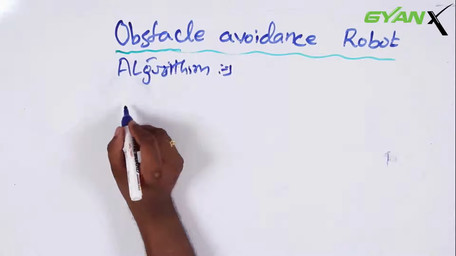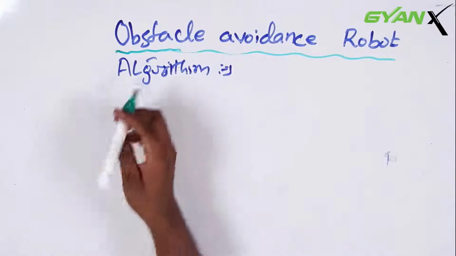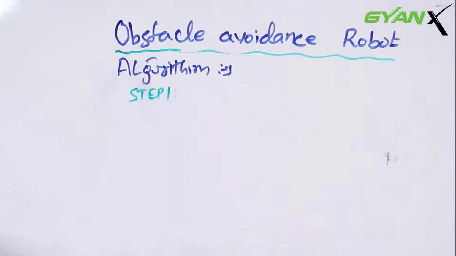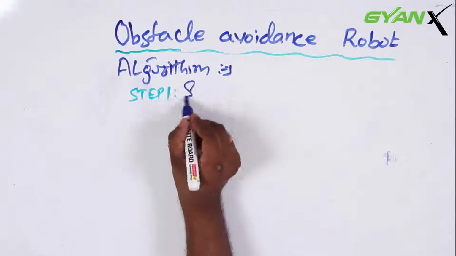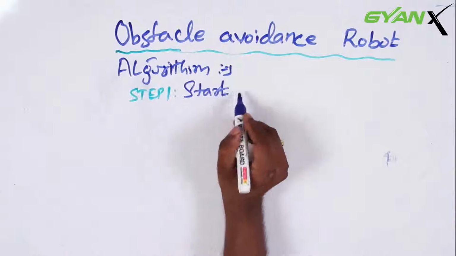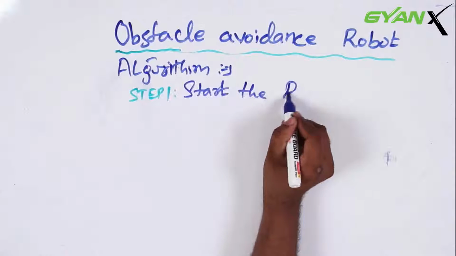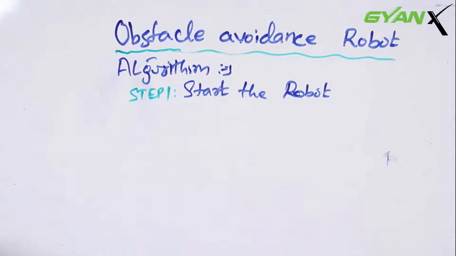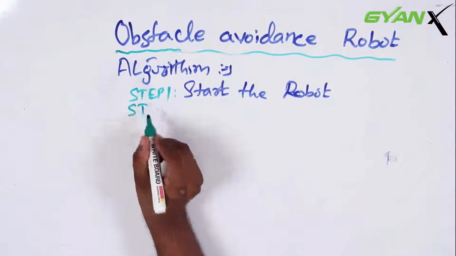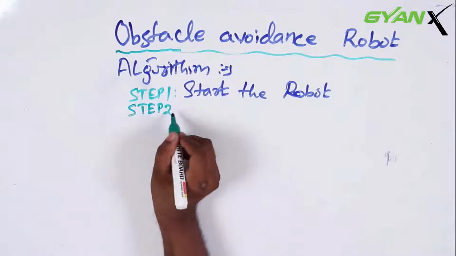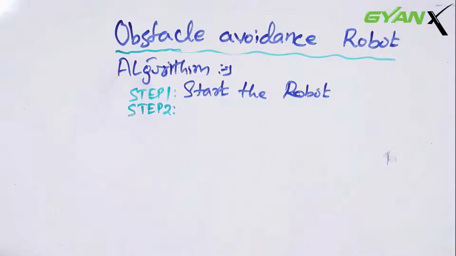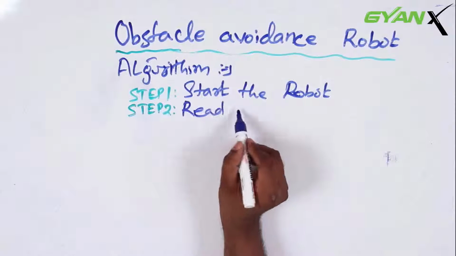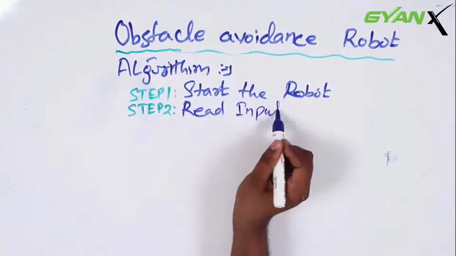So you can write step 1: start the robot. Step 2: read input.